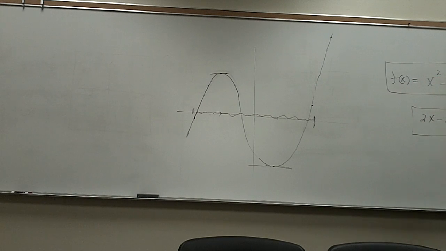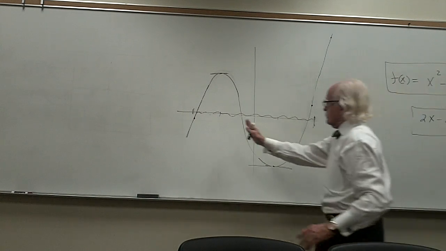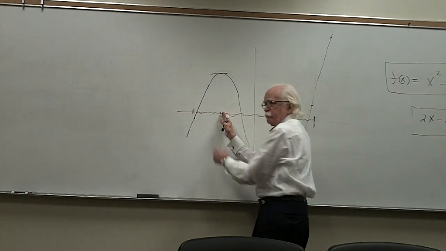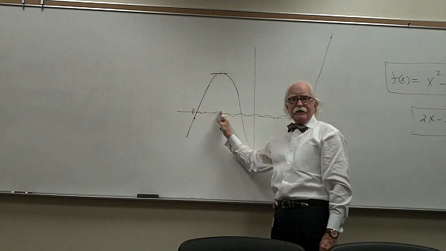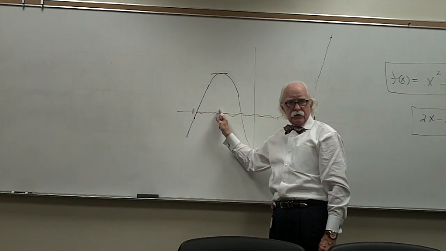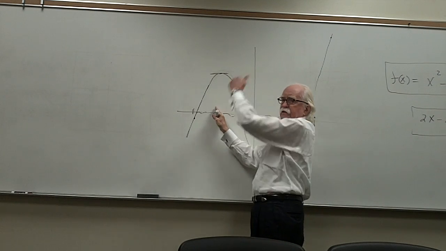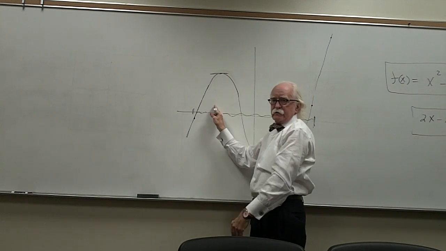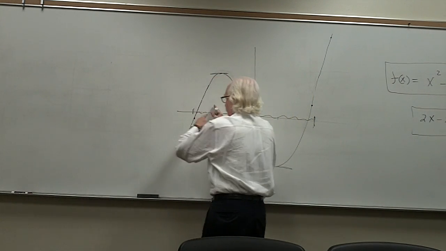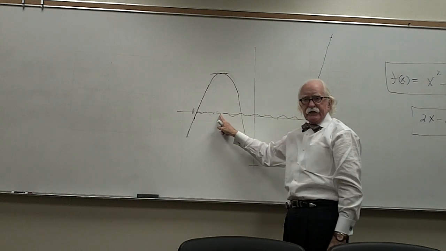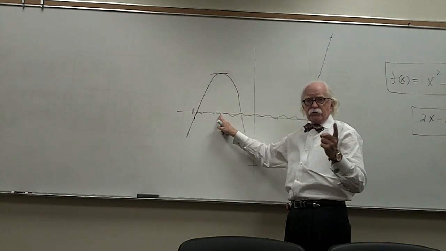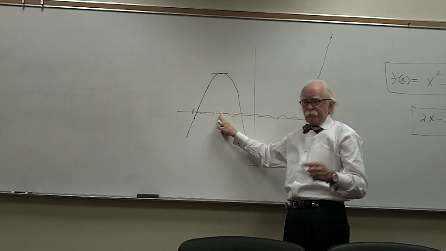So you literally can do this under the interval notation. You can say from minus infinity up to this point, the function is increasing. If you don't believe it, look at it and see if it's not increasing. It's getting larger, larger, larger. So from this point up to here, the function is increasing.